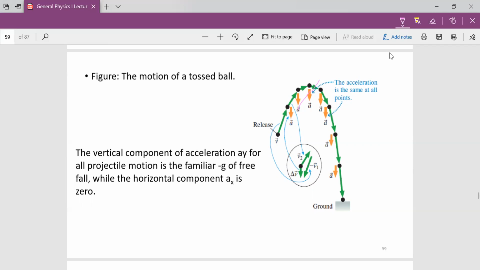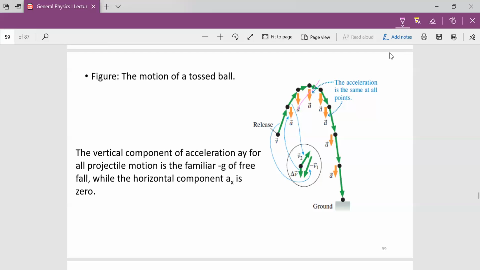So the motion of a tossed ball into the air, before it took a curve, which is projectile motion, and hits the ground. You know how we resolved this? We did this in our last class. The change in v is always the acceleration. Acceleration is the rate of change of velocity with time, okay?